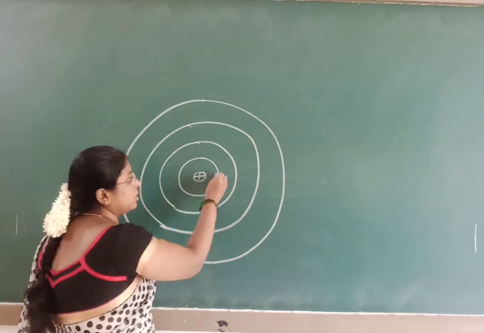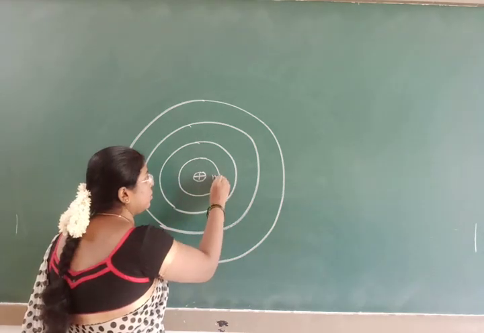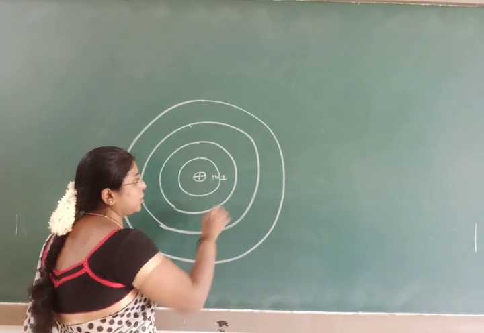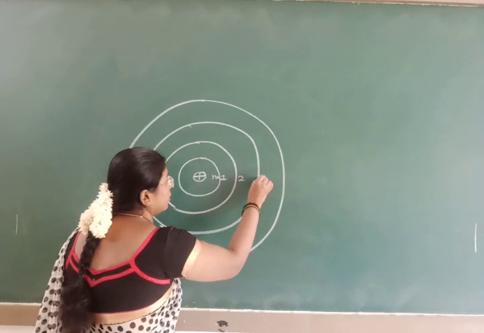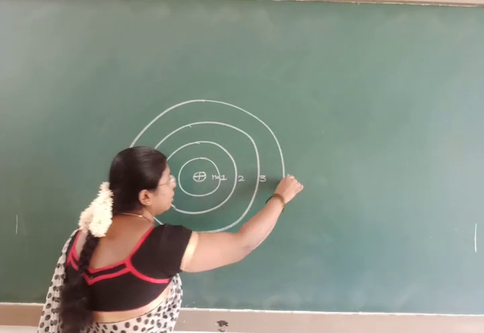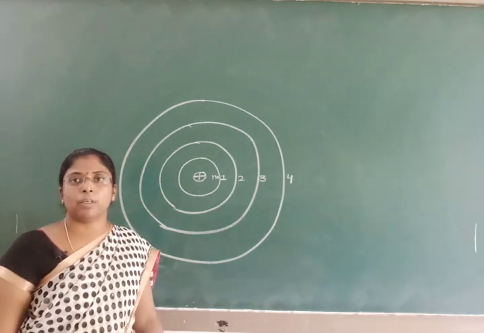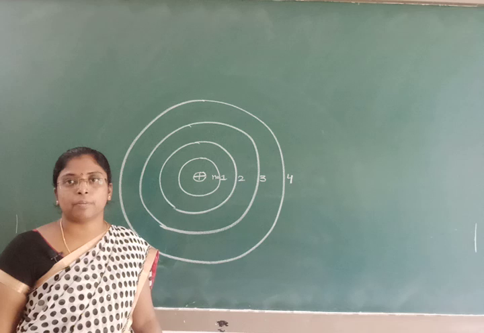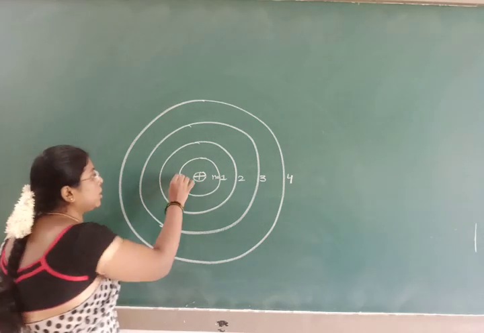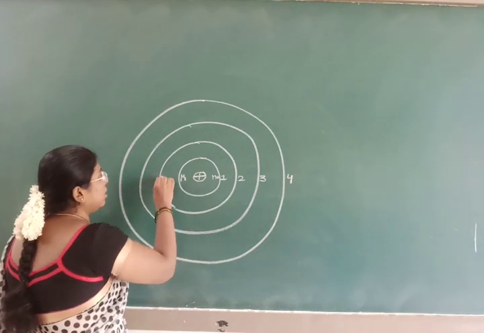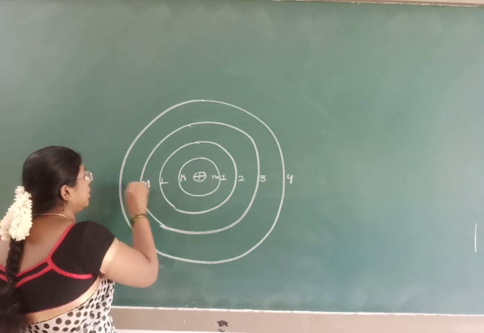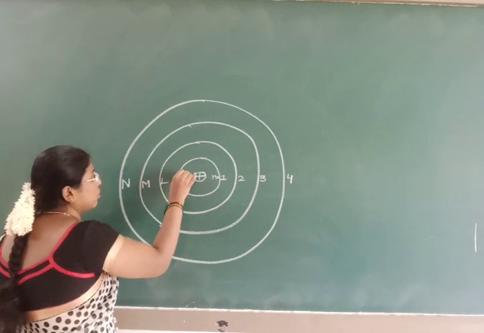The innermost part, the first shell, is n equal to 1. First shell, second shell, third shell and this is the fourth shell. We can represent them in terms of numbers or alphabets. The first shell is known as K shell, then L, M, N and so on.